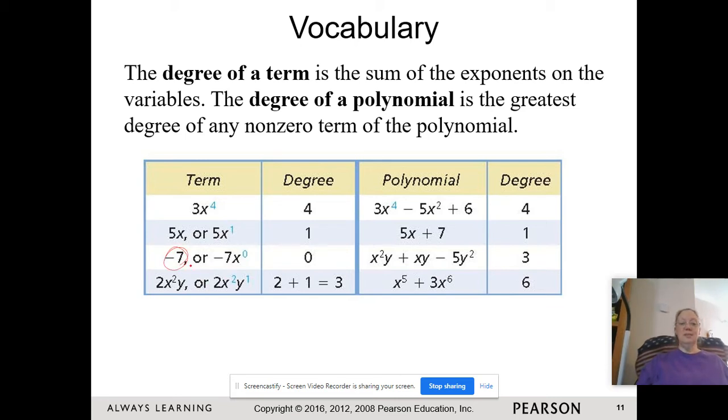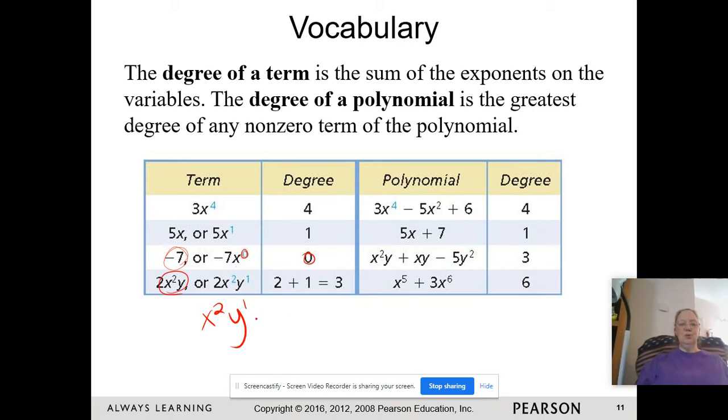This is our constant. Remember I said at the beginning that this is the same as -7 times x to the 0 power. Don't forget x to the 0 power is really just 1, so -7 times 1. That's why that works. So the degree would be 0. This one is a little bit tricky. Notice I have x squared y, or y to the first power.